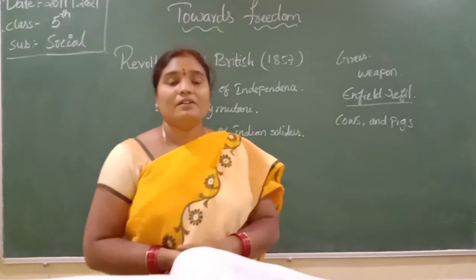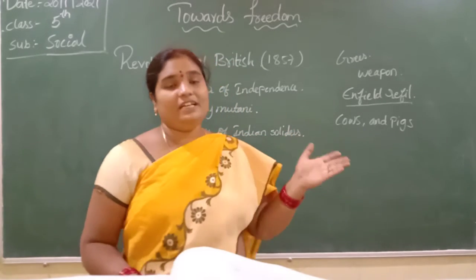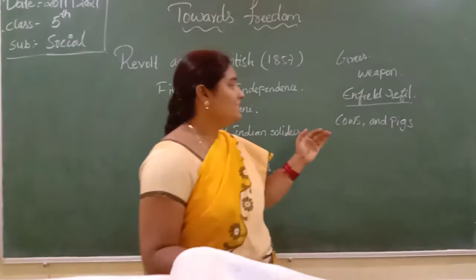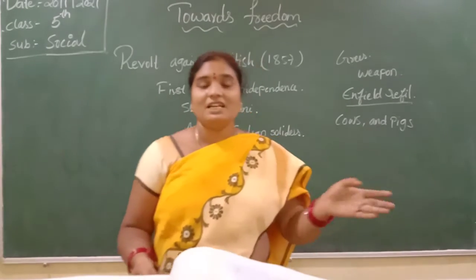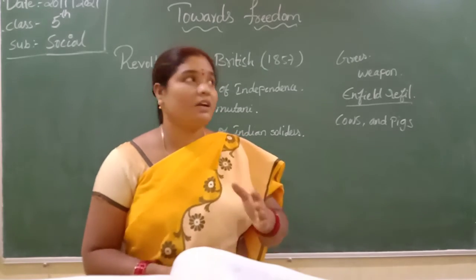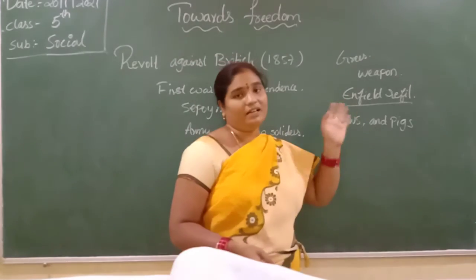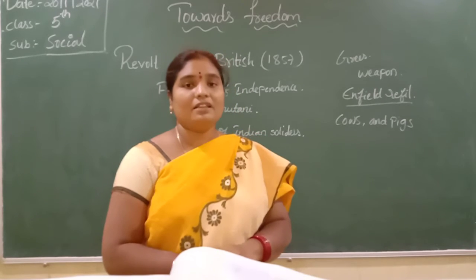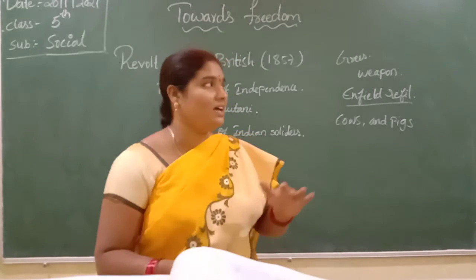So here what happened? Religious feeling developed. The Hindu and Muslim soldiers objected and said they would not use the Enfield rifle. So the unity was disturbed among the soldiers.